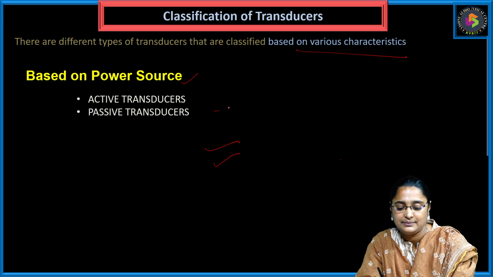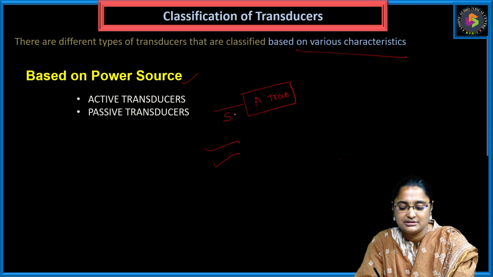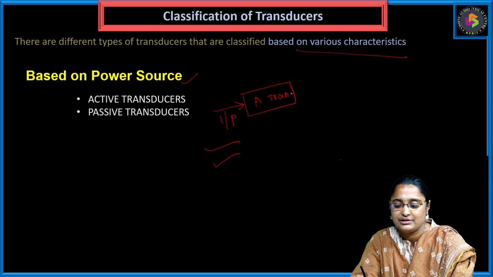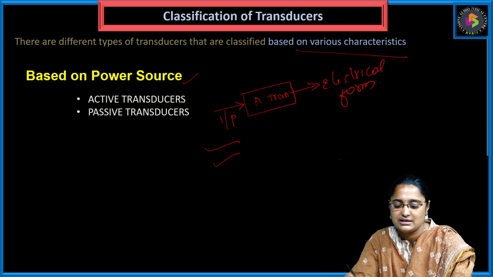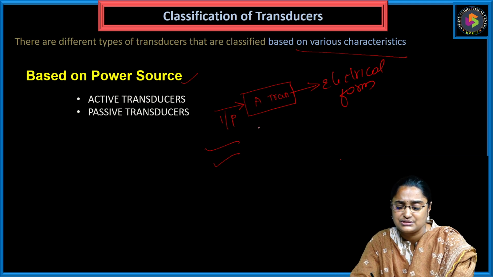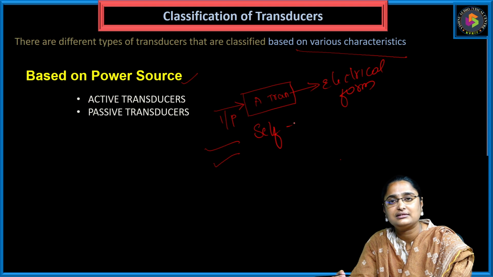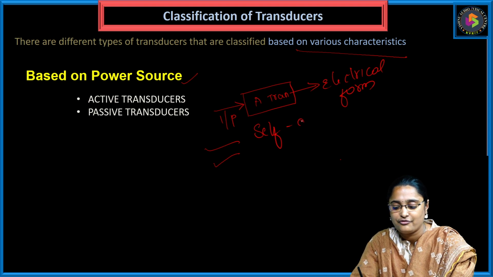In an active transducer, you give an input, any physical phenomenon, and you get an output in electrical form. This is a self-generating transducer. It does not require any kind of assistance to convert into electrical form.